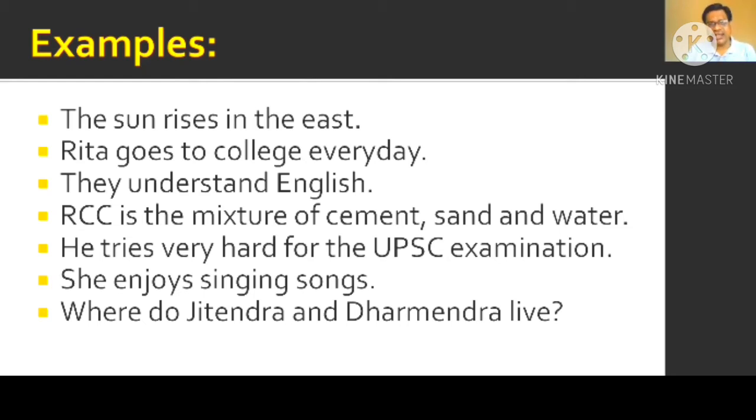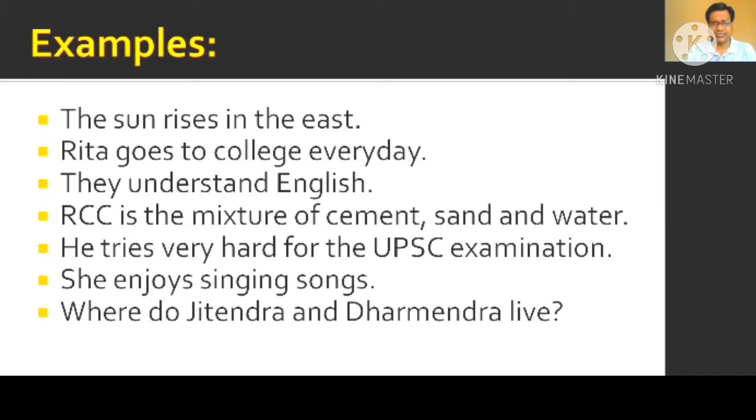They understand English. They is the subject of the sentence. See, now I will try to compare these three sentences with one another. The sun rises in the east.